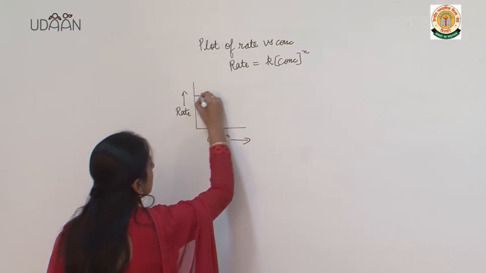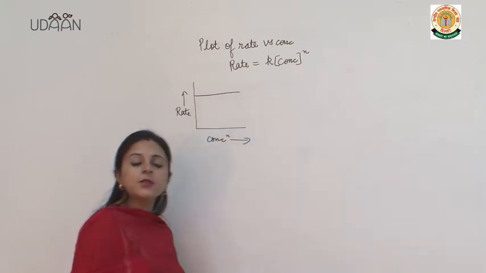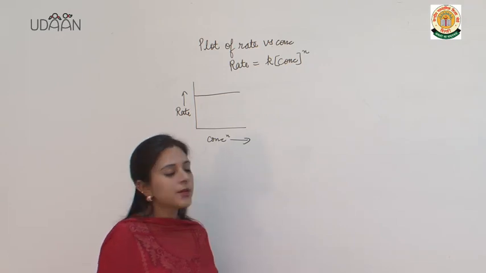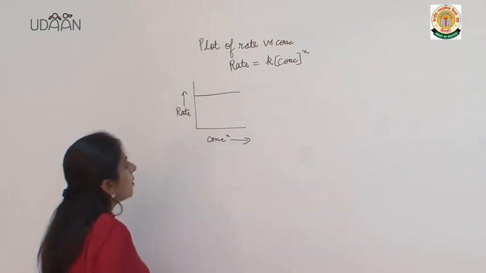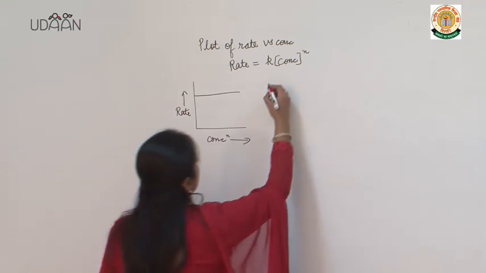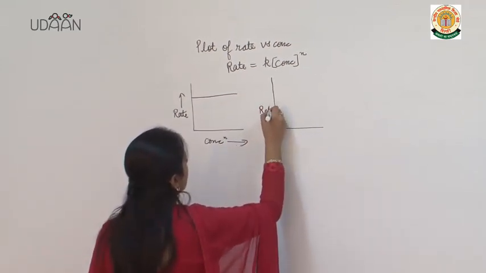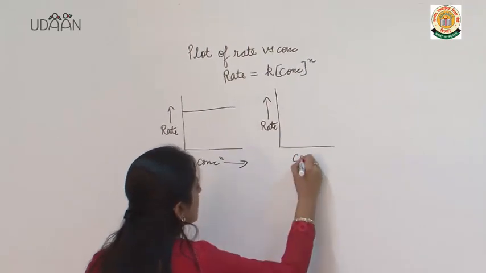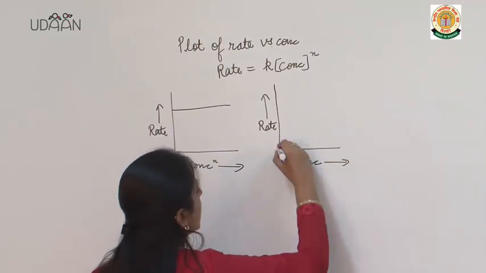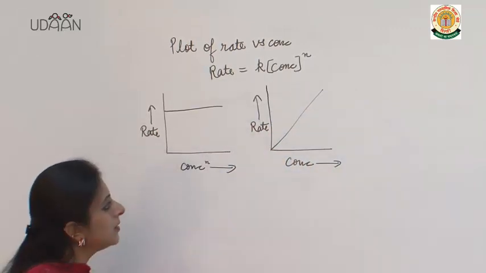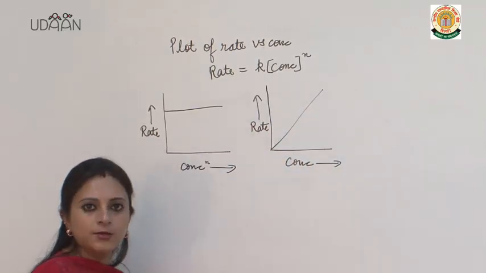I will get a line which is parallel to the x-axis, because for a zero order reaction rate does not depend upon concentration. When I plot it for a first order reaction for rate versus concentration, what will I get? I will get a straight line, because the rate increases with increase in concentration.